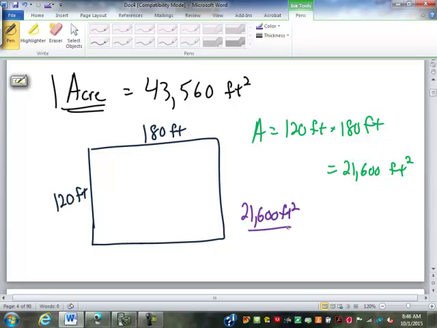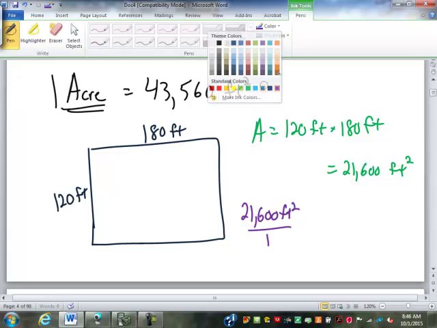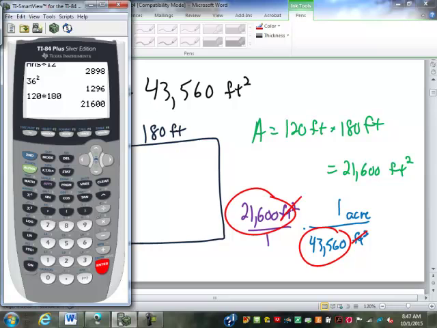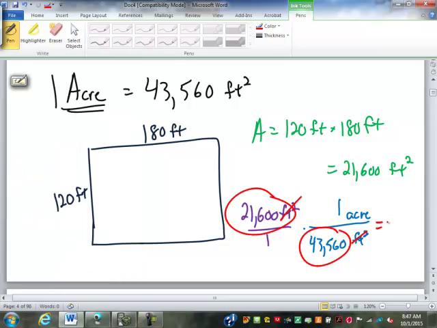21,600 square feet. I'm going to put it over 1. I'm using conversion factor. Square feet on bottom, acres on top. 1 acre is 43,560. So the square feet will cancel out. This is telling me it's the 21,600 divided by 43,560. 0.496 acres.